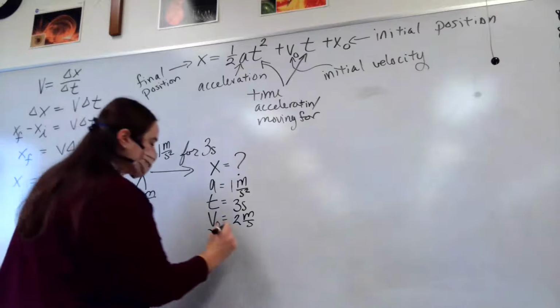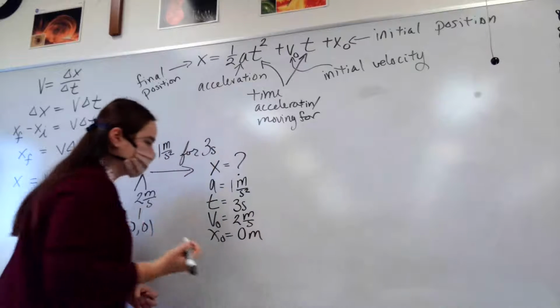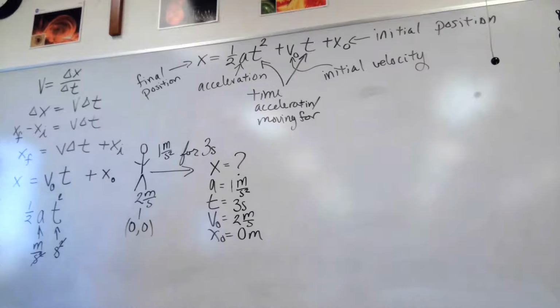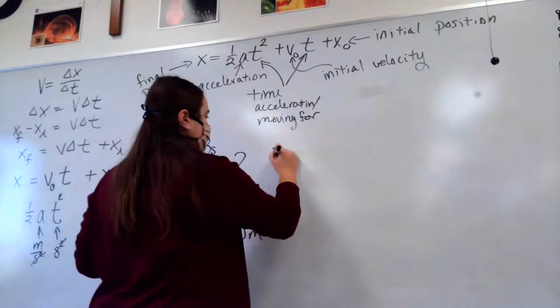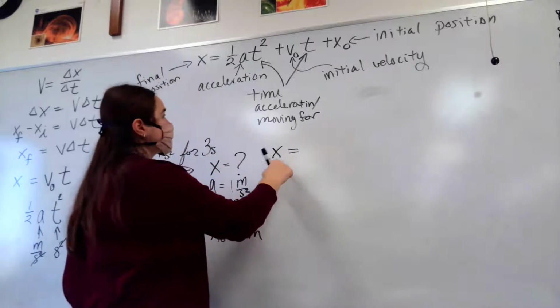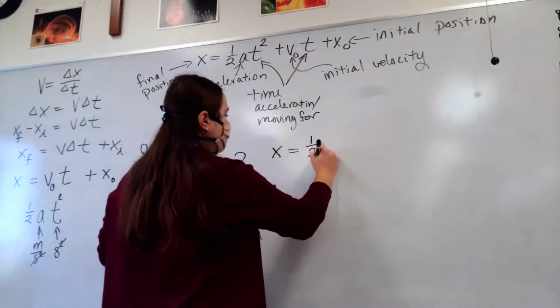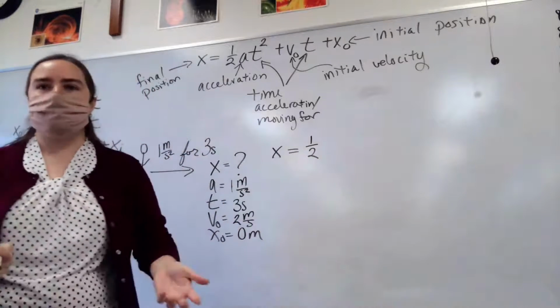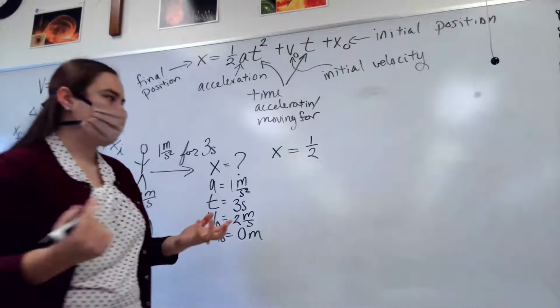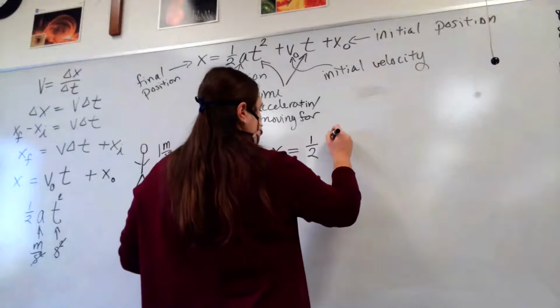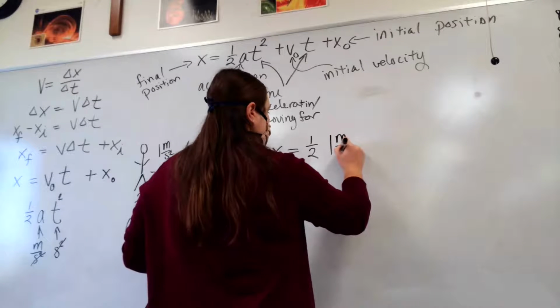Okay, so our initial position is 0. Everybody good? Okay. Now we go put our numbers into our equation. So we leave x as x, because that's what we're looking for. Don't forget your 1/2. It is important. You can't forget to divide something in half. It'll give you a wrong answer if you do. So don't forget that.